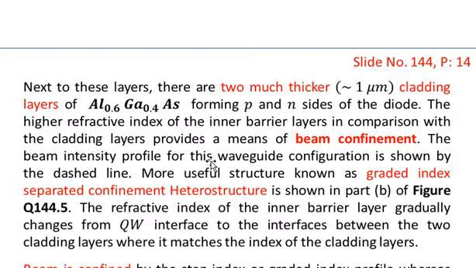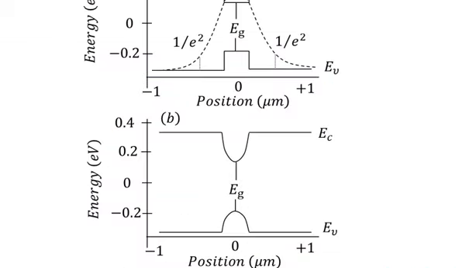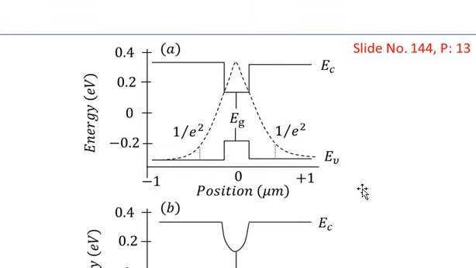The beam intensity profile for this waveguide configuration is shown by the dashed line. So I have also shown the intensity profile for this waveguide configuration in a dashed line.